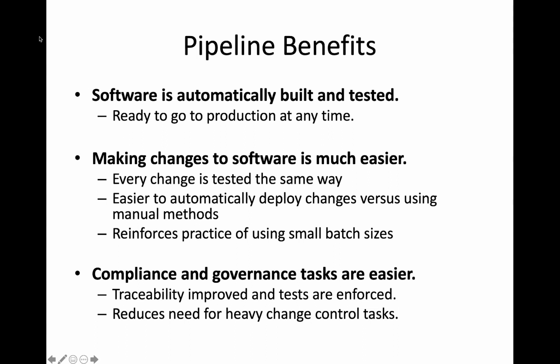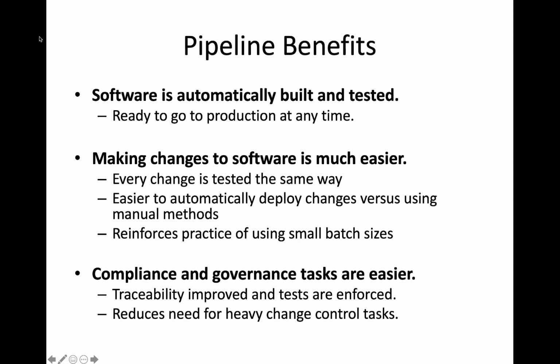In a software delivery pipeline, because it is automated, it makes it easier to make changes to our software applications, because every single time that we make a change to our software application code, that change is going to be tested the same way. It's going to go through the same pipeline process on its way to a production environment.